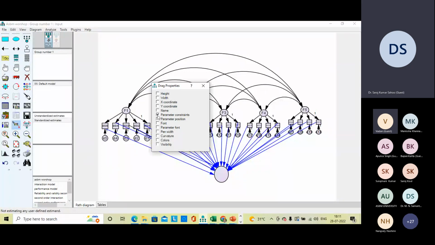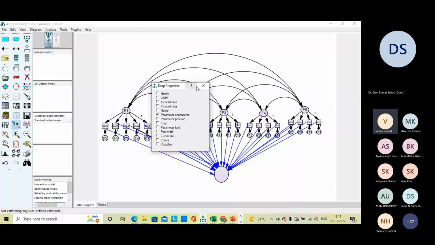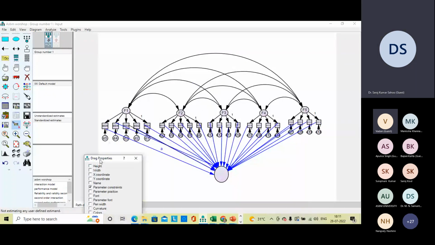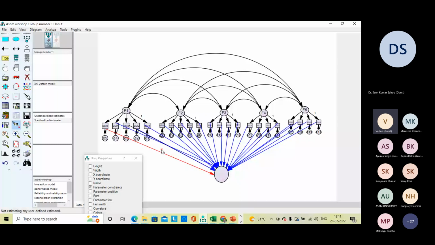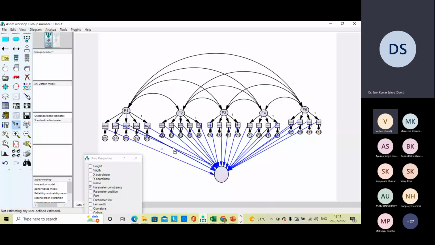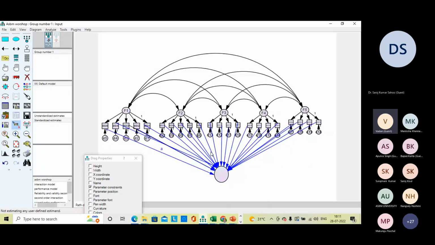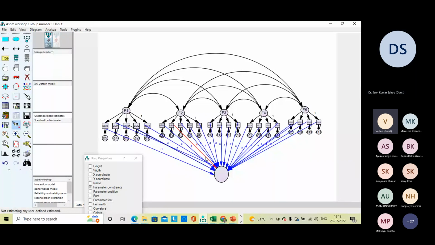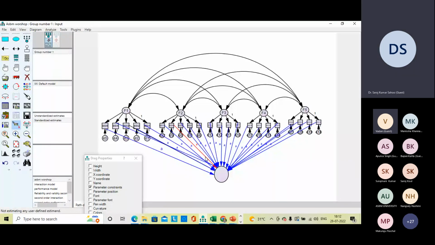Drag and drop. Sorry, what is happening? Now every variable has been constrained by A.